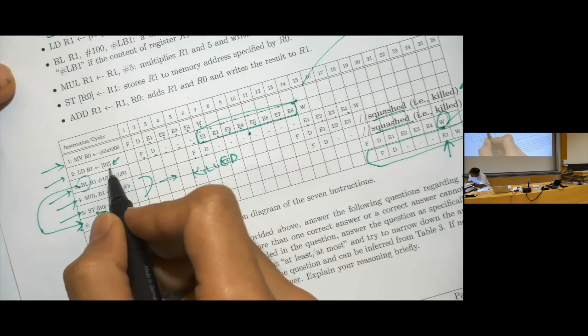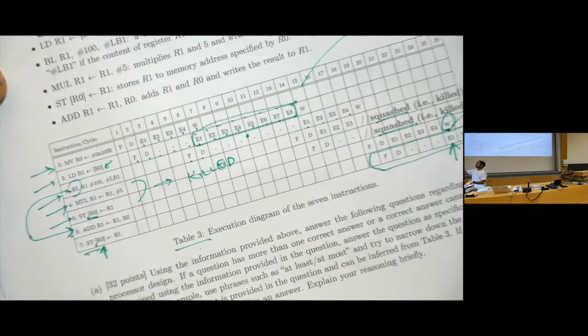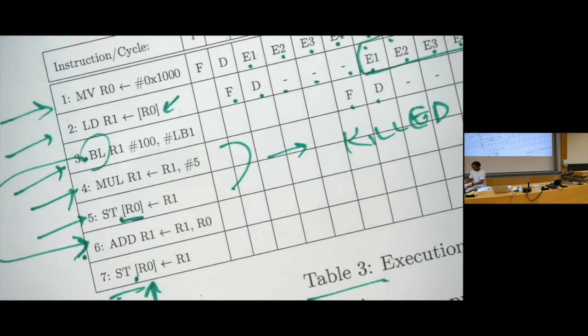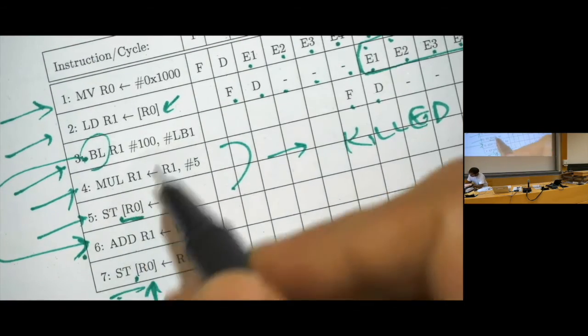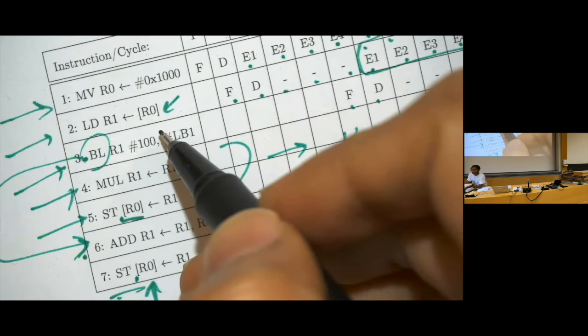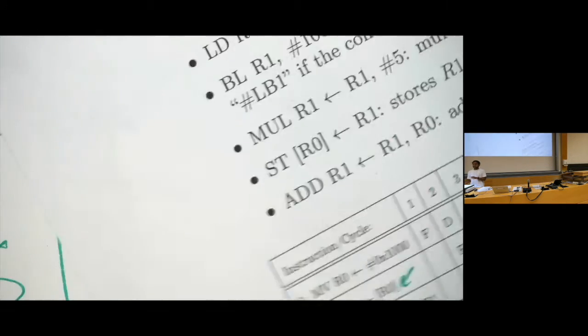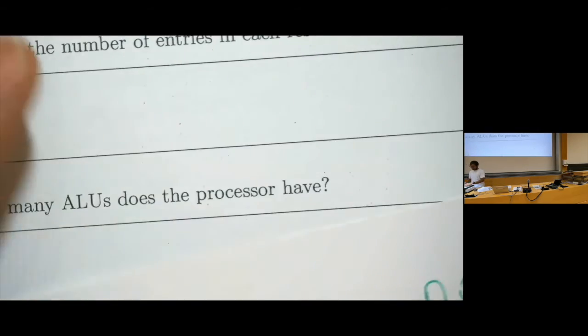And the value of R0 is, let me zoom in. If you look carefully, R0 value is what is being accessed in the memory, and R0 never changes. So I don't know yet. I would need to read the question once again to figure out what is the cache line size. Well, that means my mental image is incomplete. All right, let's keep going.